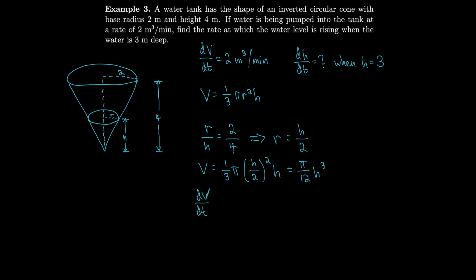We have dv dt equal to pi over 4 times h squared times dh dt. So then we can solve for dh dt. We divide by pi over 4 h squared, so we get 4 over pi h squared times dv dt.